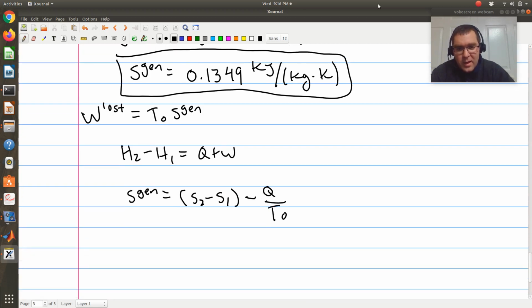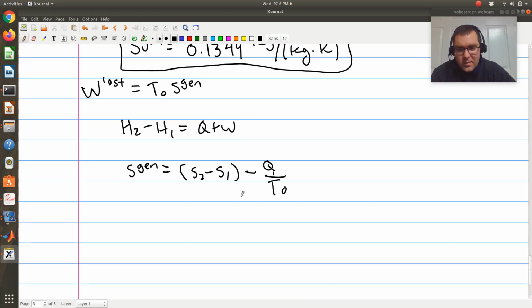So the idea is if I take this expression and I solve for Q, I get that Q is equal to T naught times S2 minus S1 minus S gen.